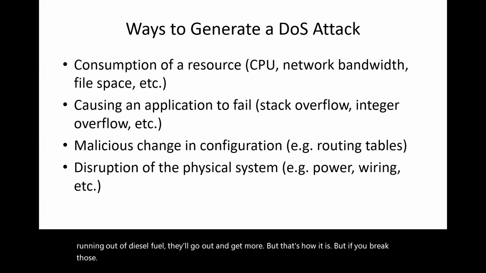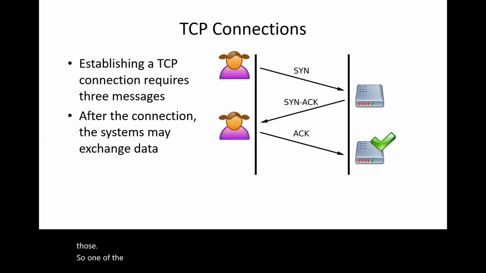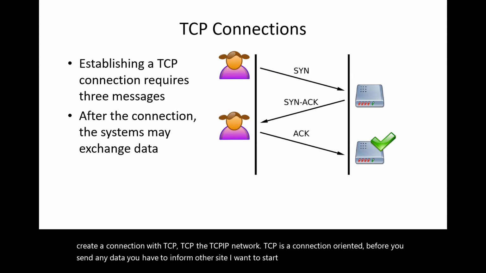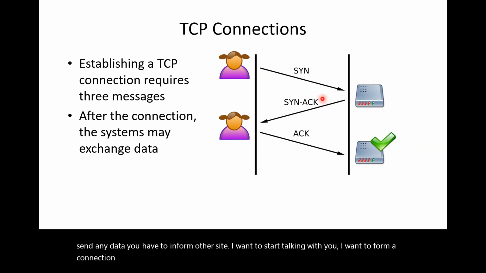one of the popular ways of doing a denial of service is the SYN attack. If you want to create a connection with TCP, of the TCP/IP network, TCP is connection-oriented. Before you send any data, you have to inform the other site, I want to start talking with you, I want to form a connection, and send what's called a SYN message to the server.